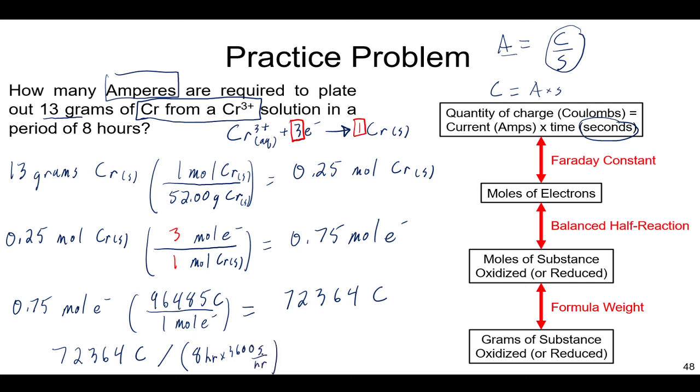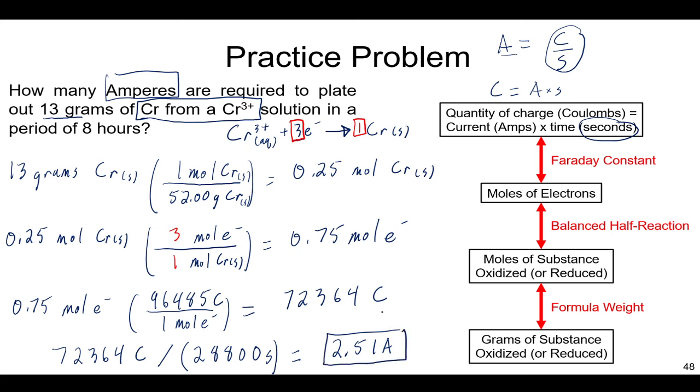You can do all this math separately if you want. You should get a number of seconds here in the denominator of 28,800 seconds, 8 times 60 times 60. So coulombs divided by this many seconds gives me the amps, and it should come out to 2.51 amps.